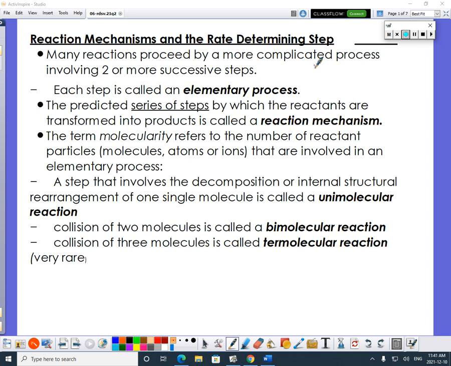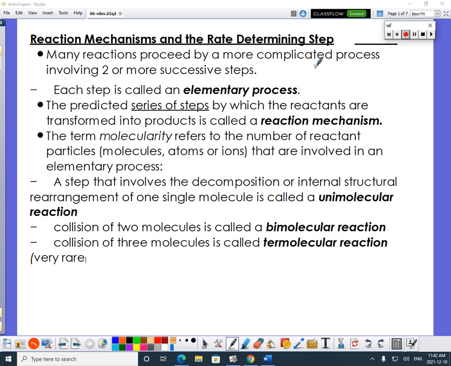Okay, so I did talk a little bit about this, that there are many reactions that are just not as simple as we led you to believe. Those of you that have taken biology talk a lot about mechanisms: glycolysis as a mechanism, the electron transport chain.